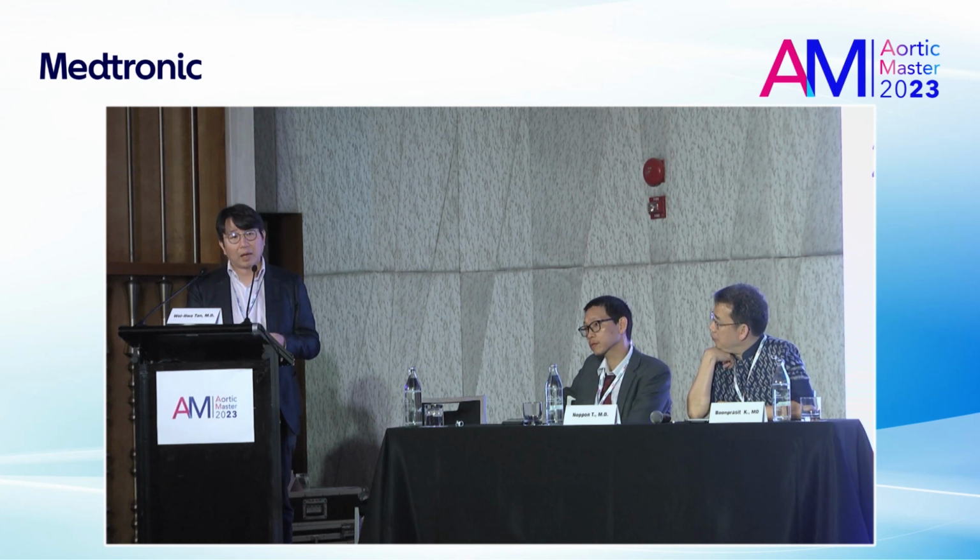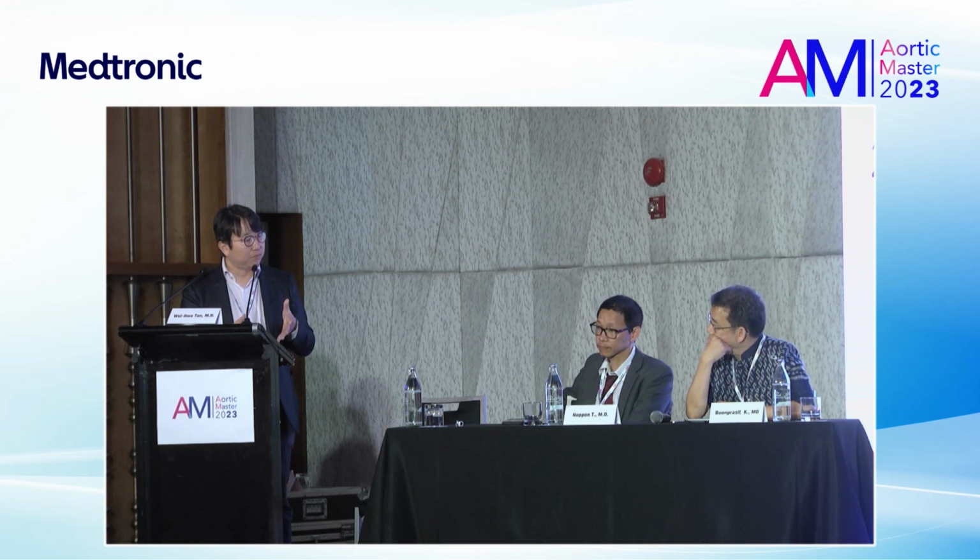But I still think it's very important that before you put that large candy plug into the false lumen, you have to be careful, because if you fail to occlude with the candy plug, it will be very difficult for you to do the second intervention.